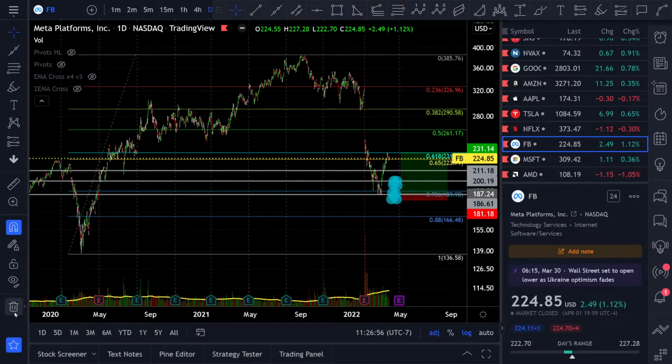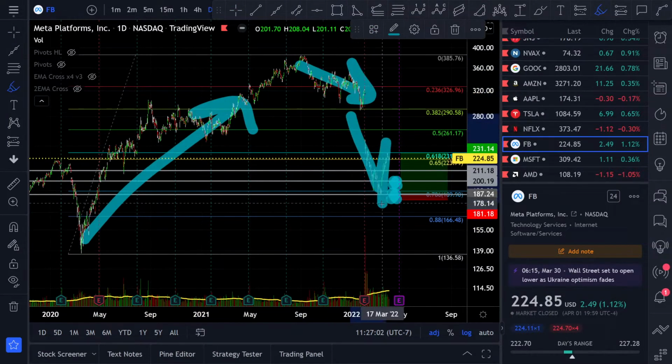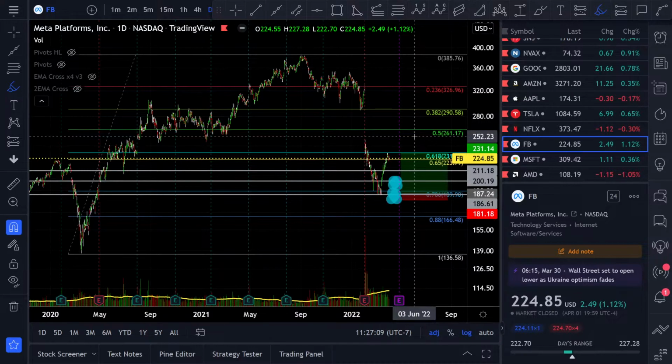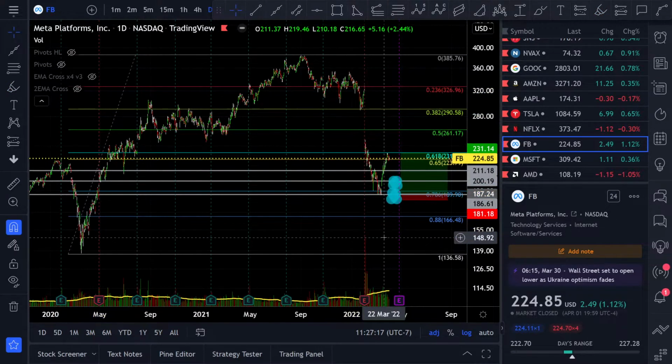But if we're talking about trend, it was uptrend to a downtrend to capitulation, meaning massive fear sell-off. Nobody wanted Meta. But then there's always value people out there, investors say, wait a second, Meta, Facebook is 50% off. It's like going to the store. You want to buy something, like a shirt.